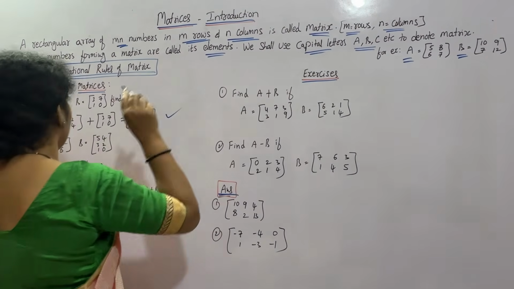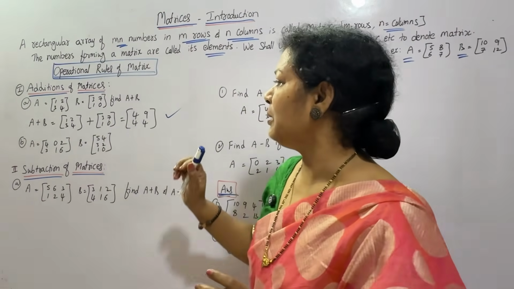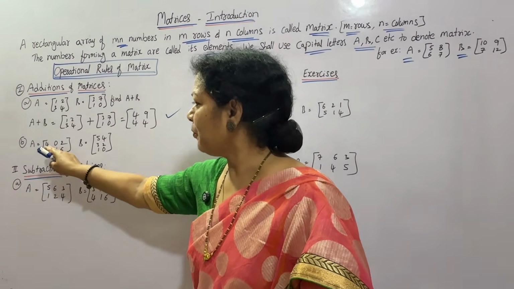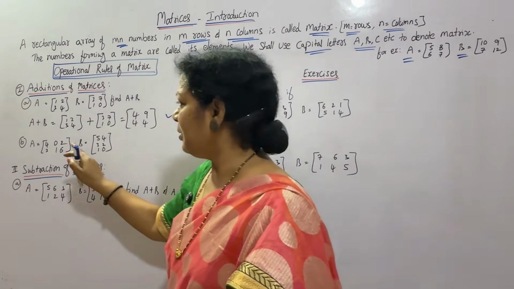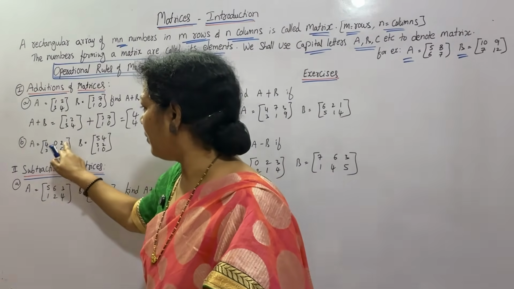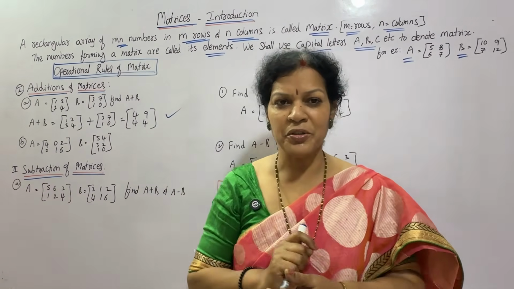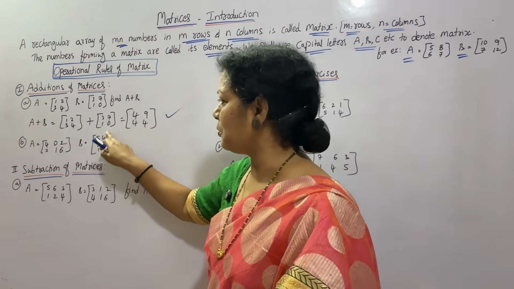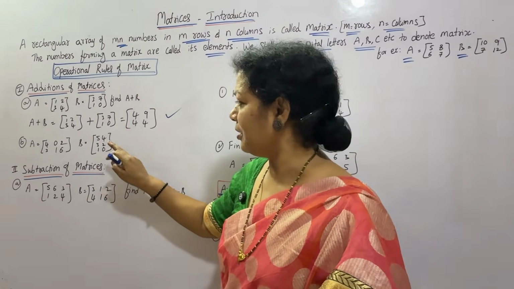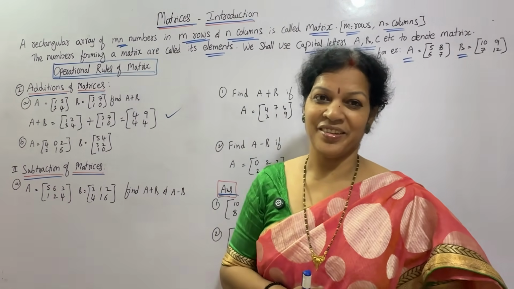Clear? Next one. A elements are 4, 0, 2, 3, 1, 6. How many rows are there? 1, 2. And 3 columns are there. Now if you observe matrix B, rows are 3, but here rows are only 2.